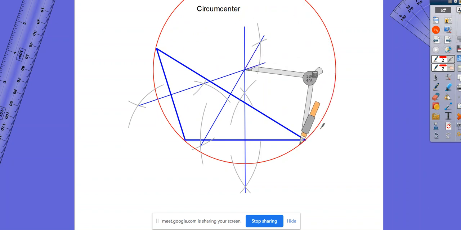So the cool thing about the circumcenter is that it is equidistant from every vertex in the triangle. And you find the circumcenter by creating the perpendicular bisectors.